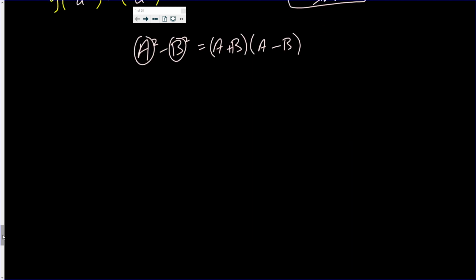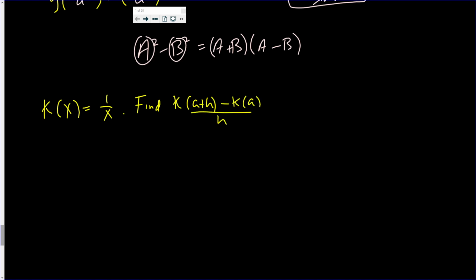Let's do a couple more like this. Suppose they tell you that k of x is 1 over x. And they want you to find k of a plus h minus k of a, over h. Now, what does k do to what's in the brackets?